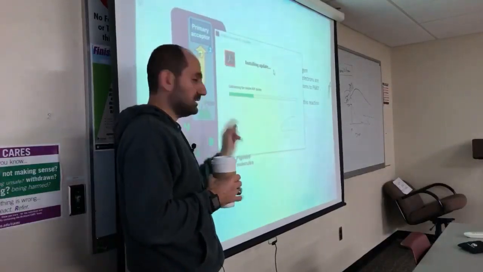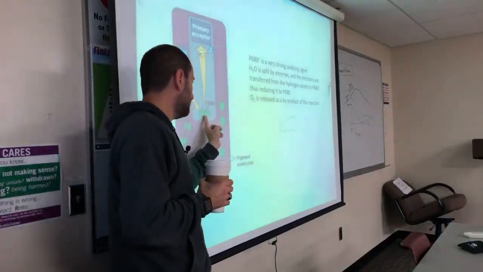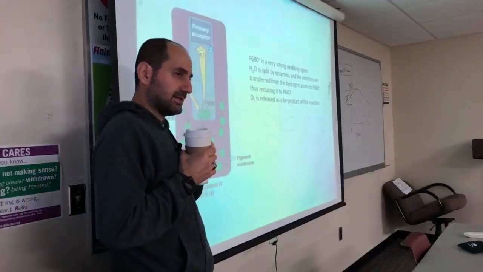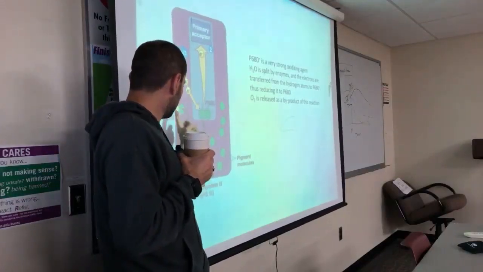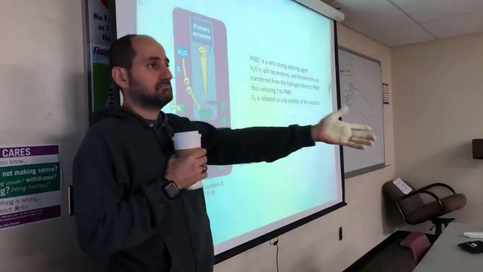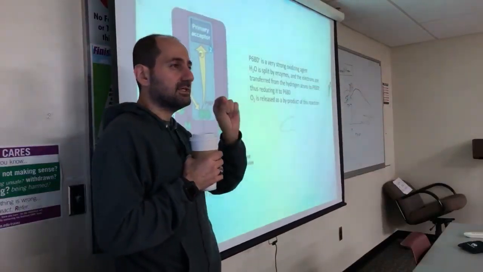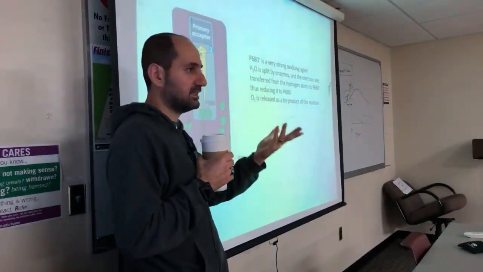Listen to this. When P680 has electrons, and then the excitement of light reaches it, it goes, here, take my electrons. It has a very negative EO. You see what I'm saying? It doesn't care about the electrons.